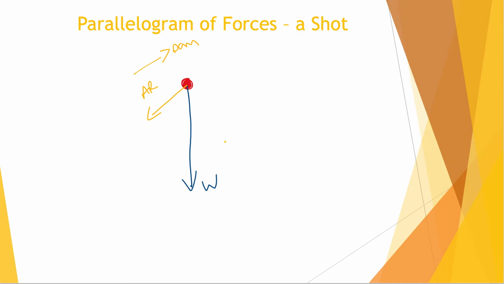So our parallelogram of forces diagram starts exactly like a free body diagram. We're going to draw on the two forces acting, weight and air resistance. Then we need to add a broken line to make this into a parallelogram.